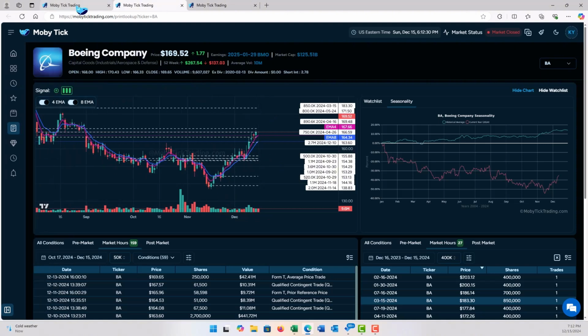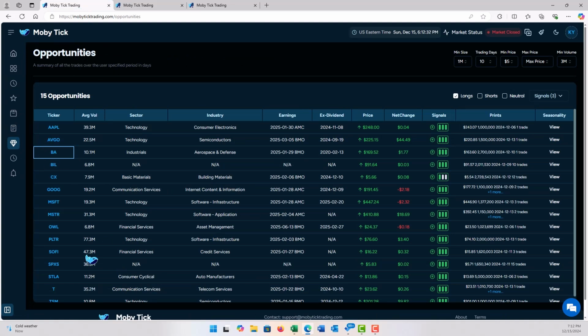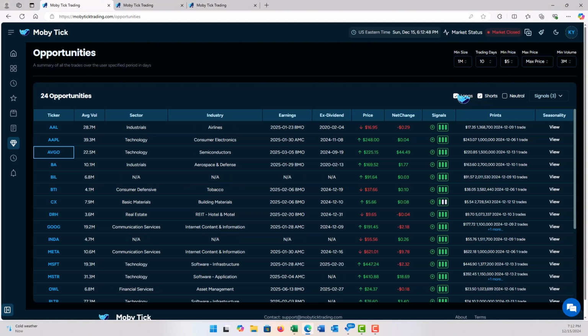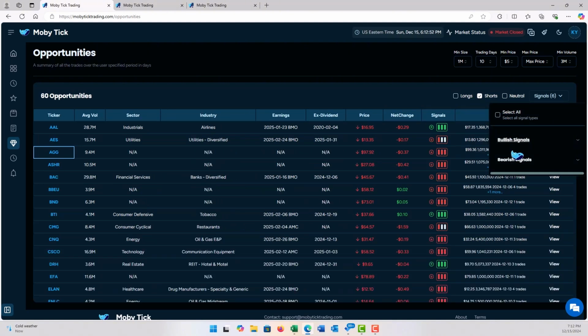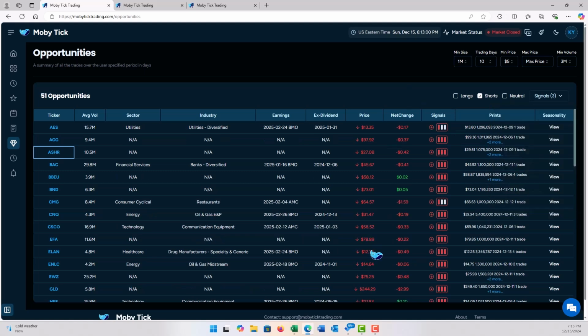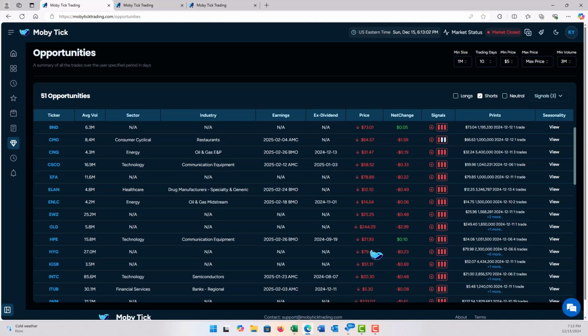If we go back to our opportunities tab, we found 2 right out of the gate. See, so out of 10,000 stocks, we got down to 15 that met our criteria in only a couple clicks, and then we can look at the chart, we can see the signal here, and we can do the same thing for shorts. And I'll change the signals, and I'll turn off the bullish signals, and then we can do exactly the same thing on the short side.